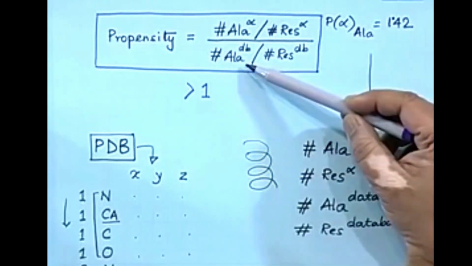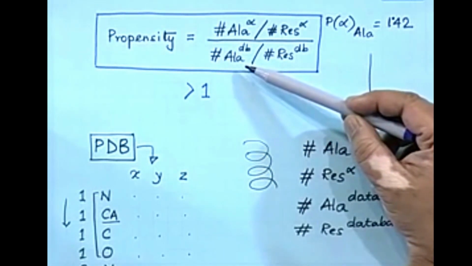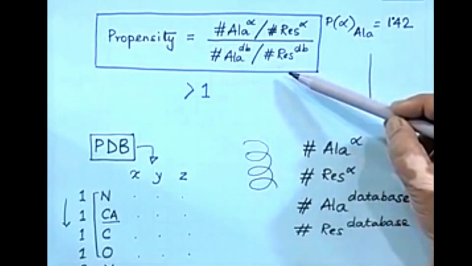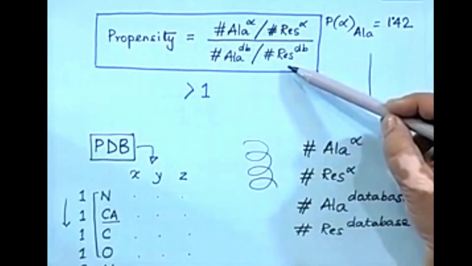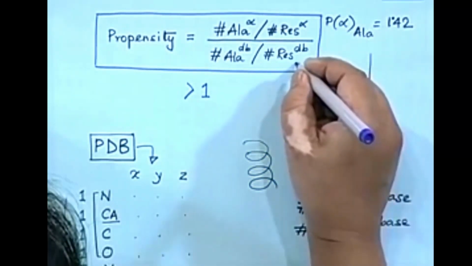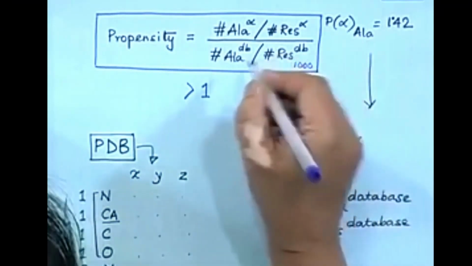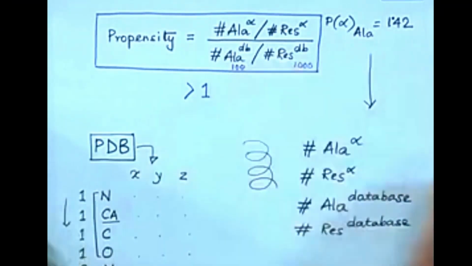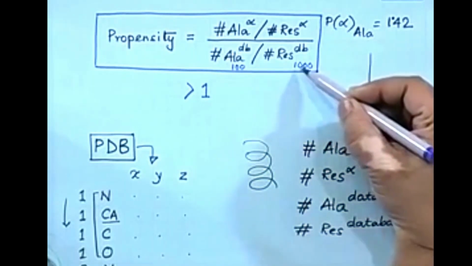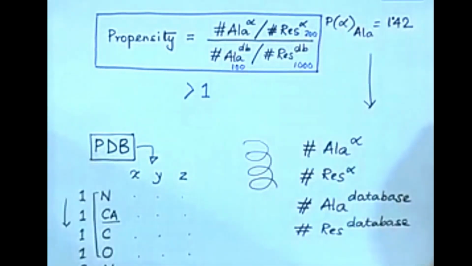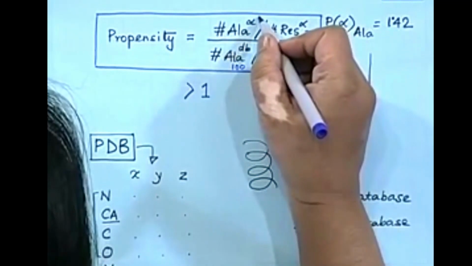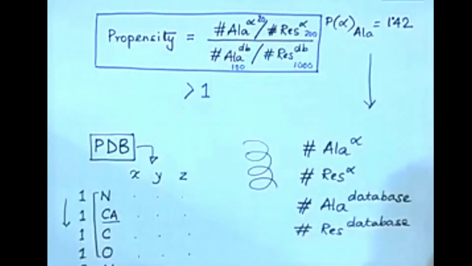So say I have 1,000 residues in the database, and 100 of them are alanine. That is possible. Of the 1,000 residues in the database, 200 are there in alpha helices, of which 20 are alanine.